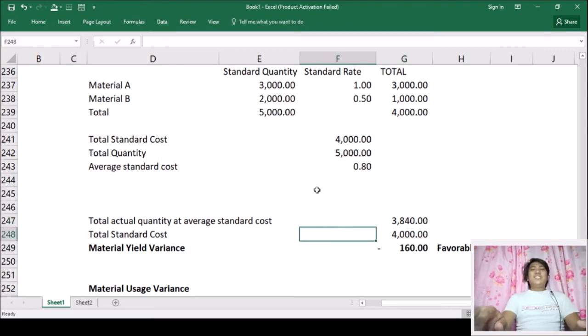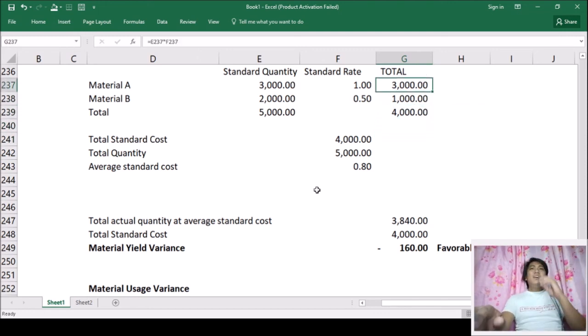And then, the total standard cost, saan po galing yan? Ito yan, na 4,000. The sum of standard cost for each material, which is 4,000. The total standard cost versus the total actual quantity at average standard cost is the material yield variance.